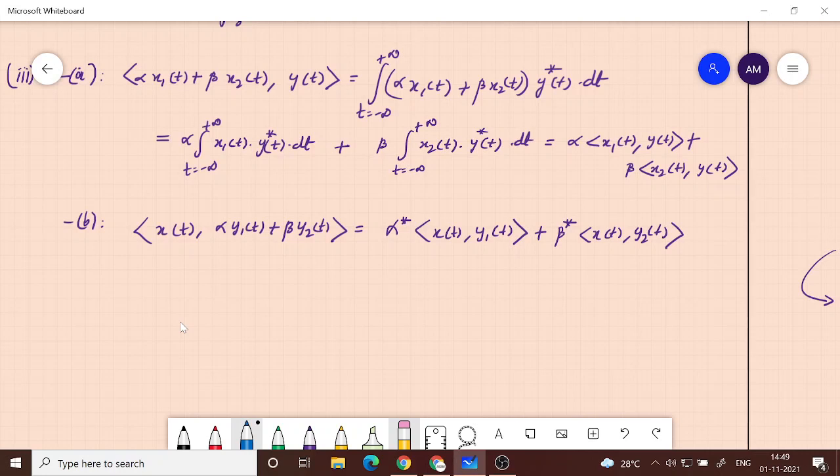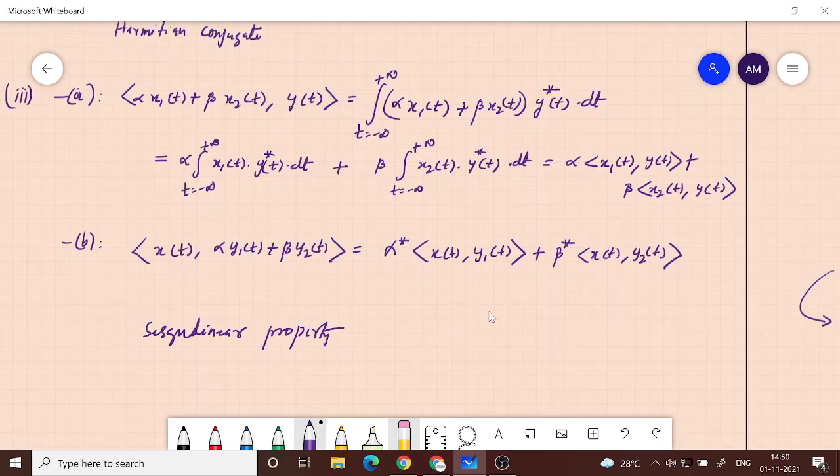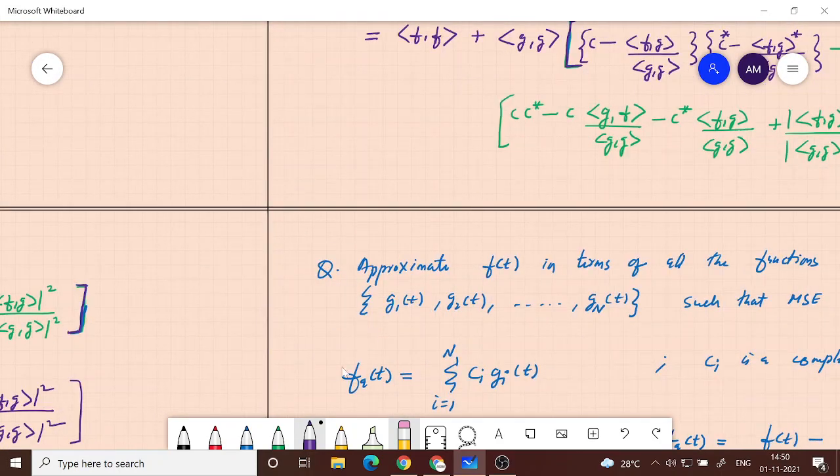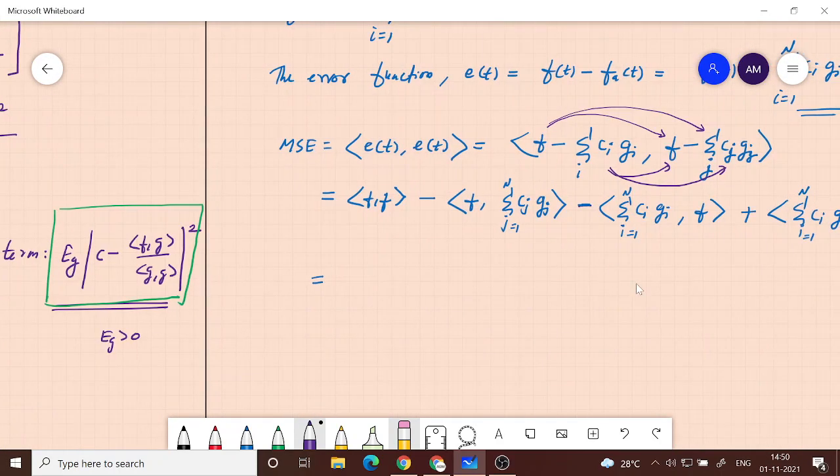So if the summation is on the second part, then I will have the complex conjugate on the constants when I pull them out. If the summation is on the first part, then when I pull out the constant, there will be no conjugation. That is the difference. So you have to see where the summation is, and accordingly put conjugation or not.